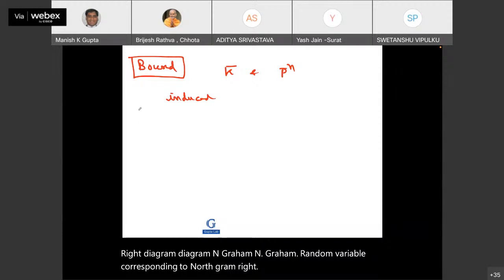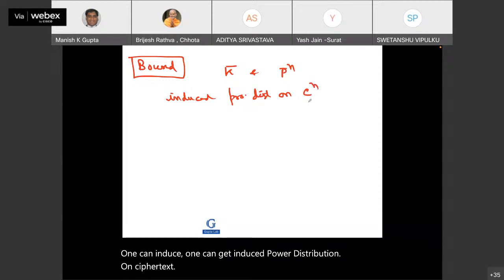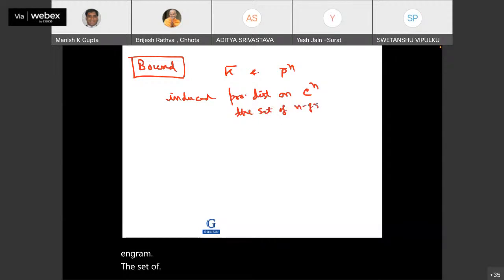So one can get an induced probability distribution on the set of n-grams of ciphertext, right?